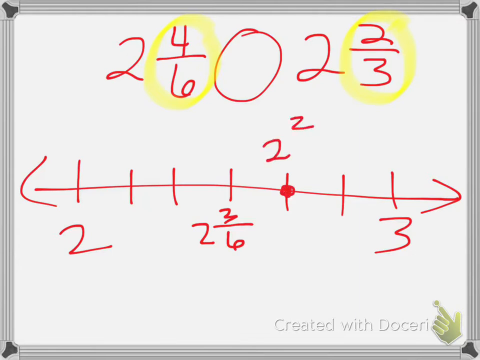I'm going to plot it up here. Okay. Then if I went ahead and plotted my 2 and 2/3, see if I can just erase my... Okay, let's go ahead and erase my half mark.